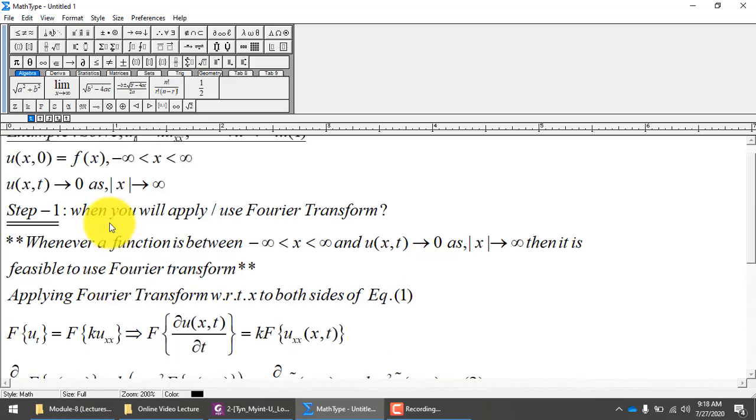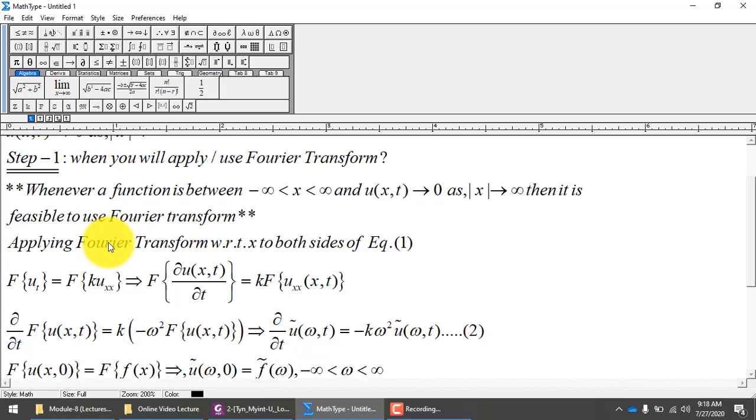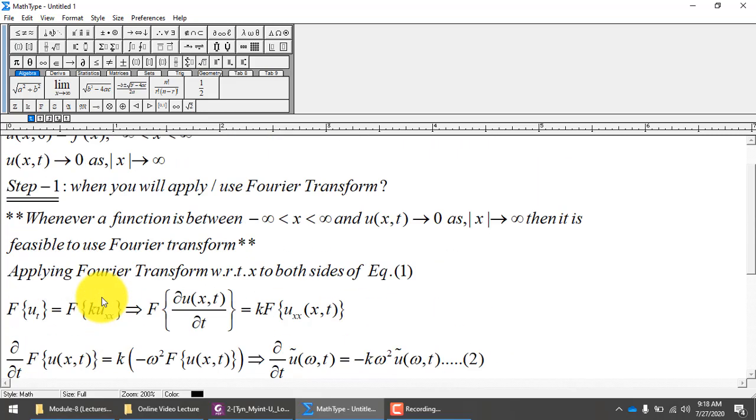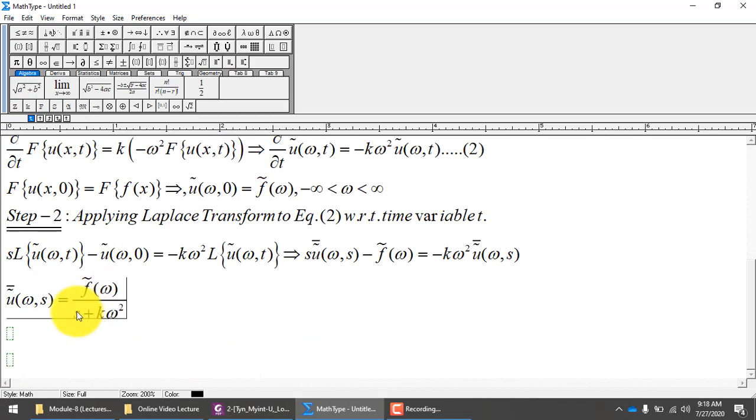One more thing, it is not customary that you should firstly apply Fourier transform and then Laplace transform. This is a totally independent choice. You can also apply Laplace transform initially and then Fourier transform, but I have applied the Fourier transform first and later the Laplace transform.